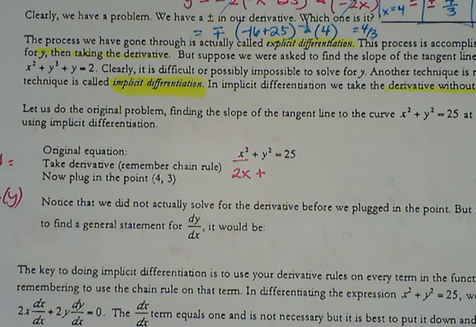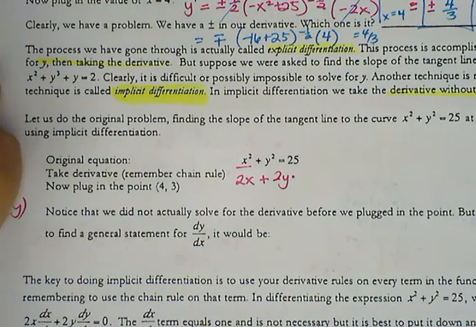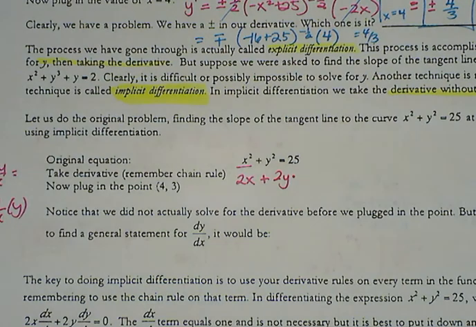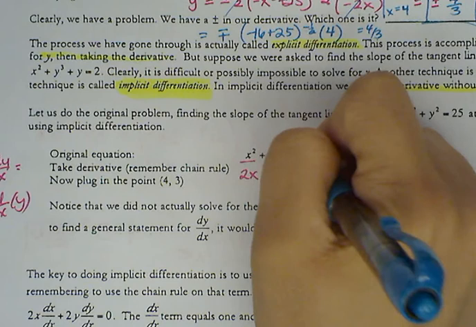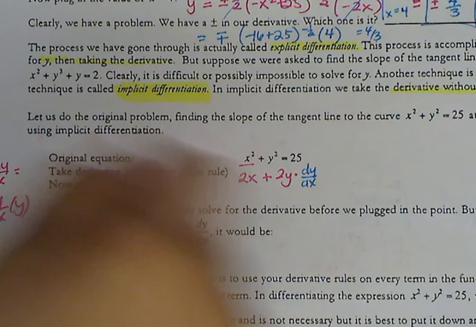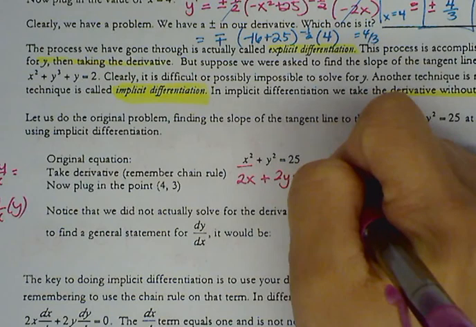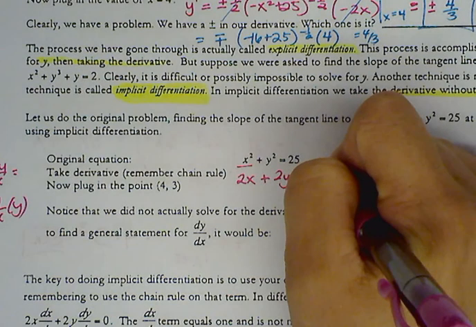It's going to be 2y times, you have to do the derivative of the baby. What's the baby? The baby is y. So you have to do dy/dx. And the derivative of 25 is 0.